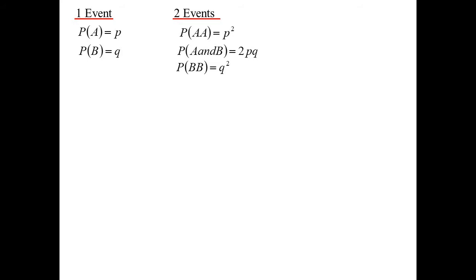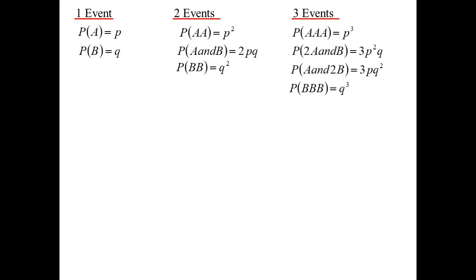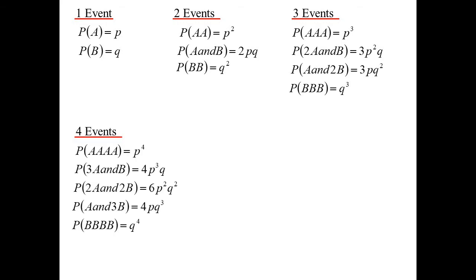Now it's really starting to look familiar. Three events. AAA was P cubed, two A's and a B, and again, if I don't care about the order, the probability each time turned out to be P squared Q, and there were three of them, 3P squared Q. An A and two B's was 3PQ squared, and BBB was Q cubed. Four events, well, once again, we see this familiar pattern.